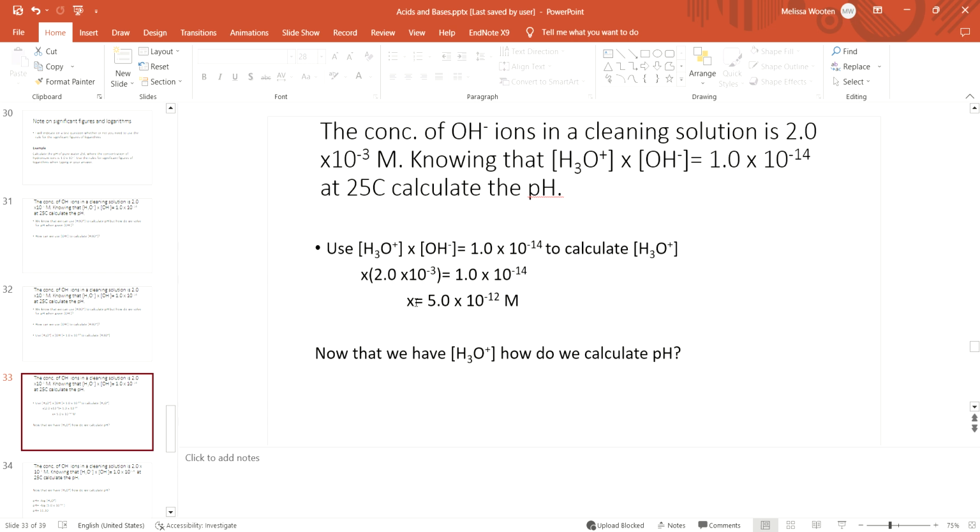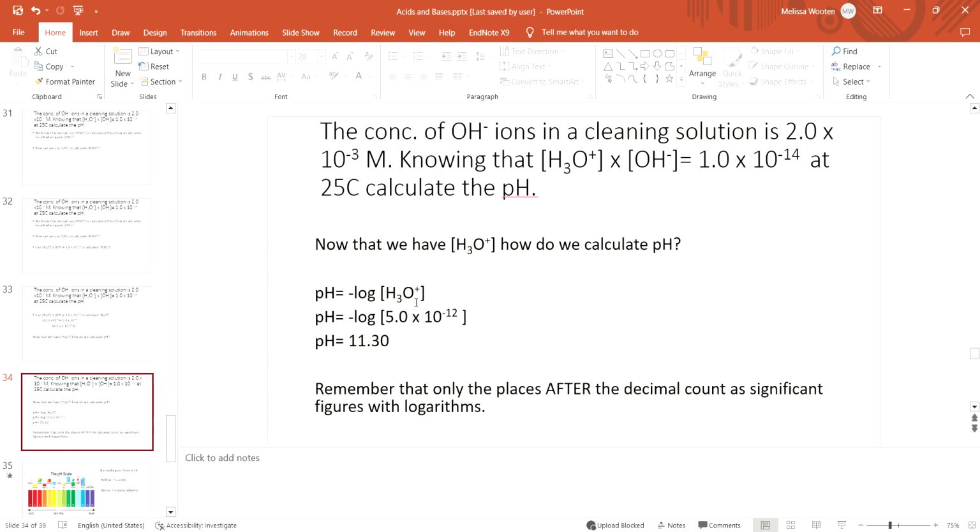Now that we have the H3O plus concentration, how do we calculate pH? You will plug that into your pH equals the negative log of H3O plus equation, and then you should get 11.30. Remember that only the places after the decimal count as significant figures with logarithms.